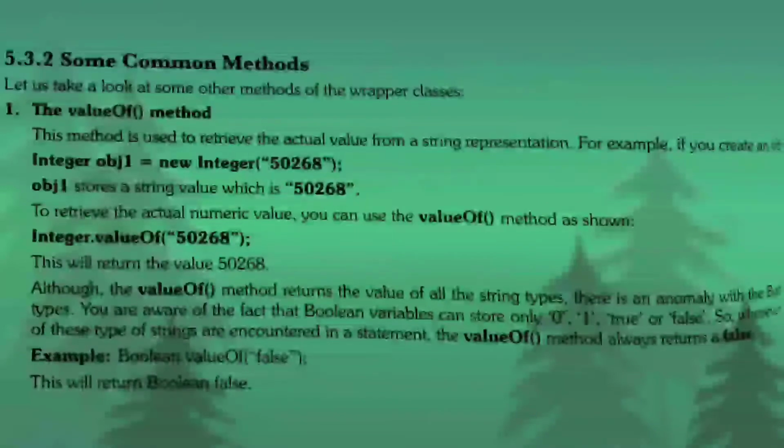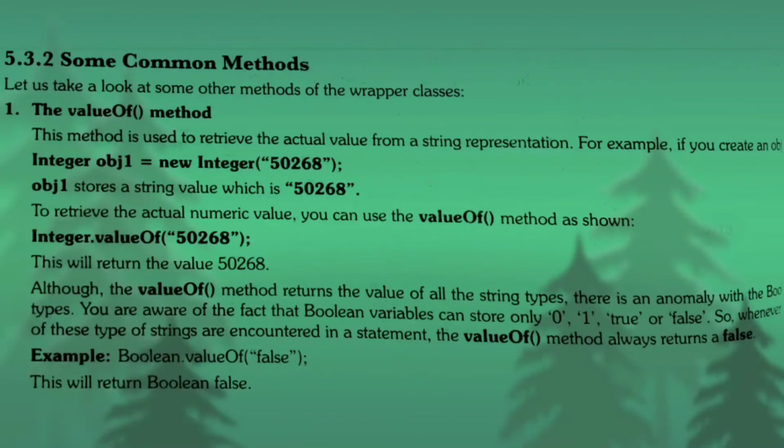Next we have some common methods of wrapper classes. The first method is the valueOf method. This method can be used with any wrapper class, and it is used to convert the string value into an actual value.